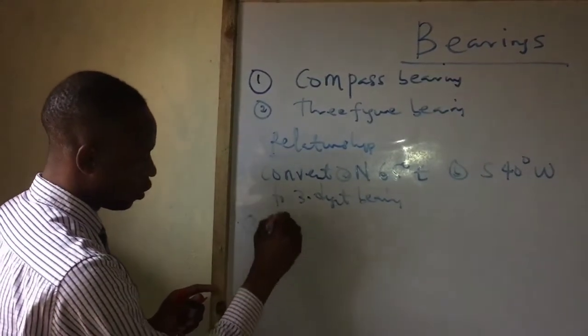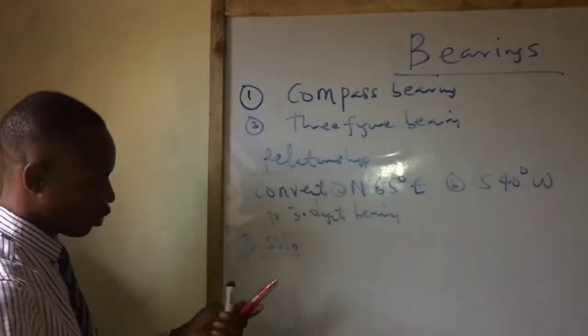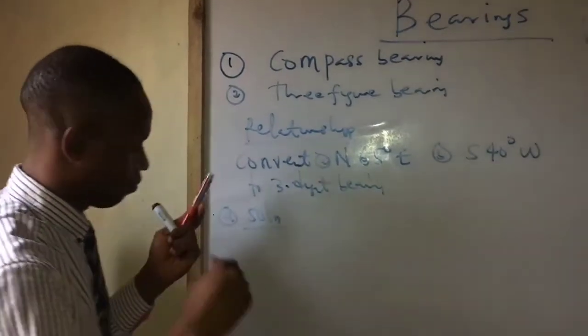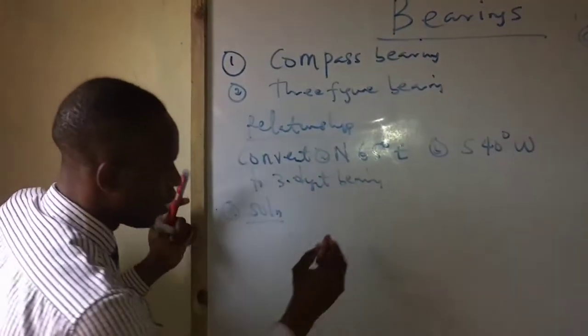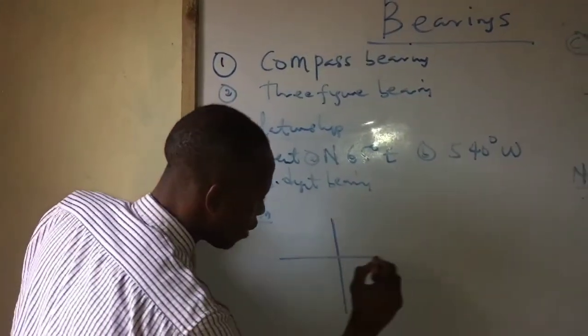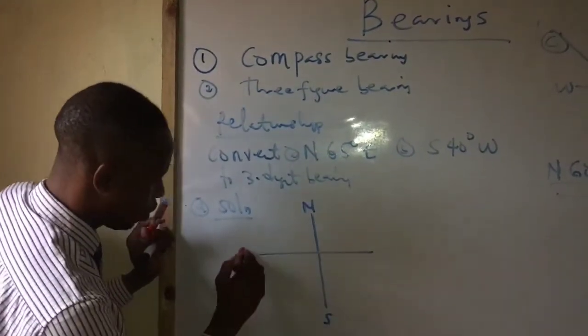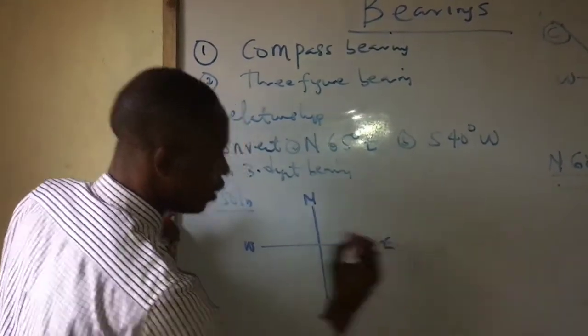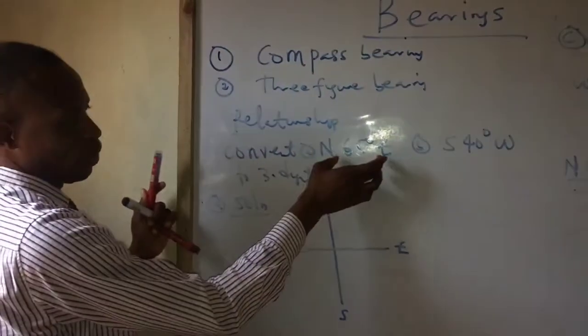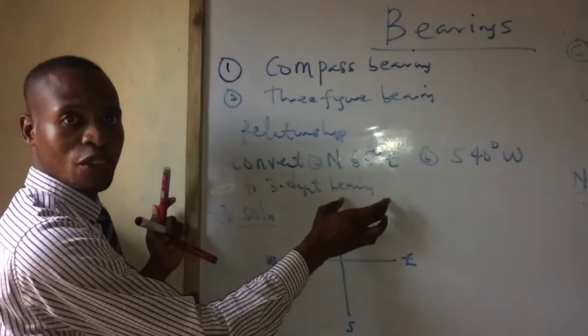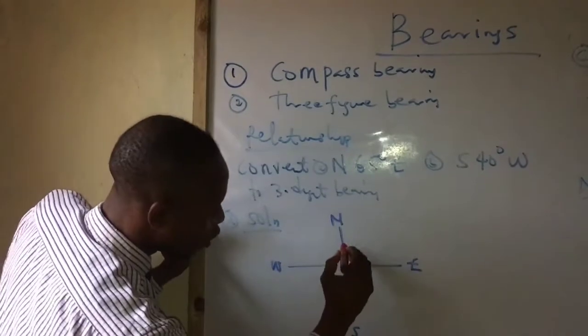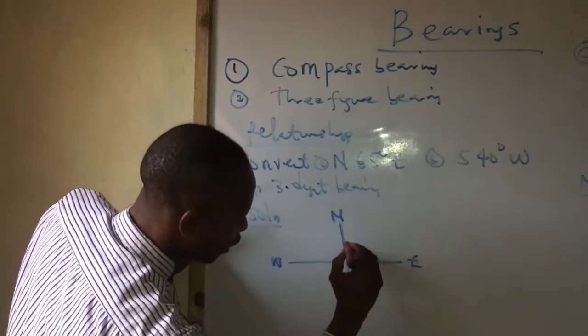Solution. We have north, south, west, and east. Of course, you know they are already in compass bearing and we need to change to three-figure bearing. So we simply come like this, north 65 degrees east.